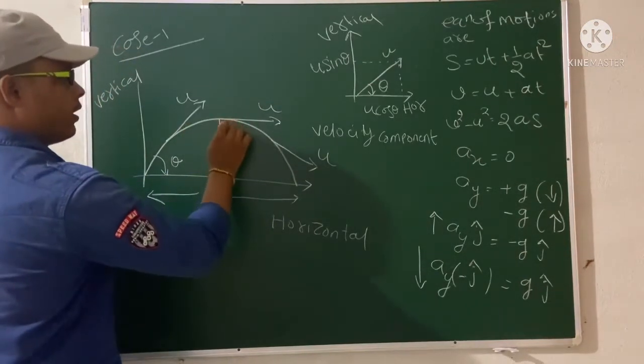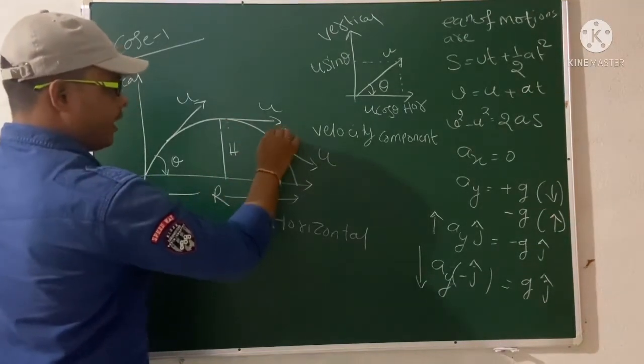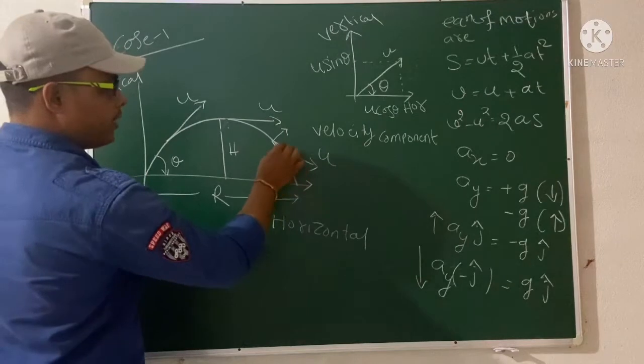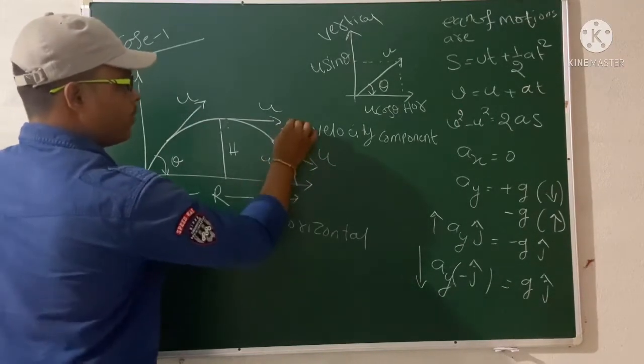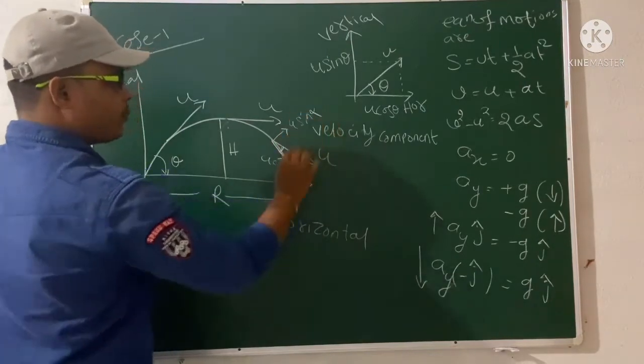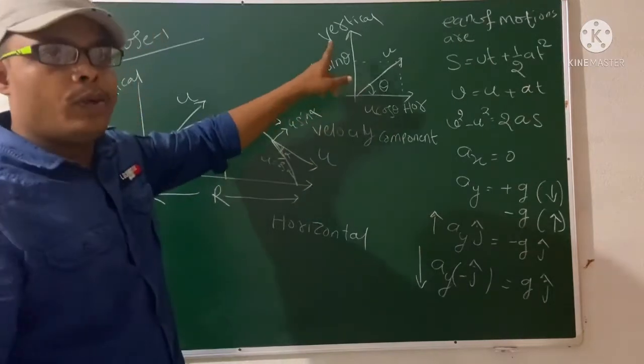And if you are considering the x or y component, and this angle is alpha, then this will be u cos alpha and that one will be u sin alpha. At each point, your horizontal will be u cos theta and vertical will be u sin theta.